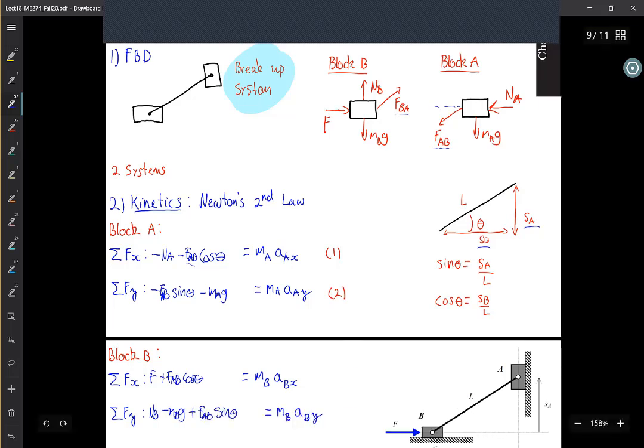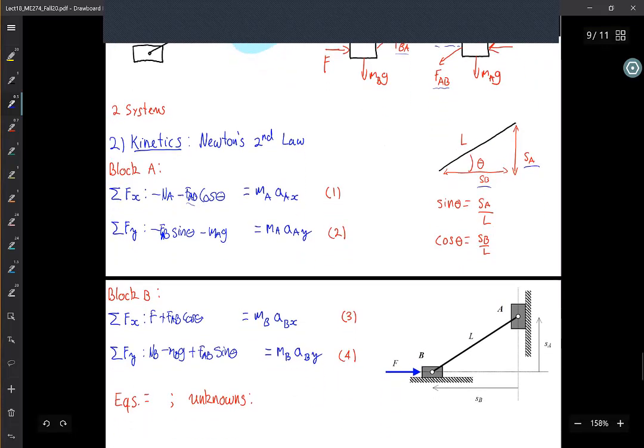All right, so I have 4 equations, and then I need to count unknowns. 1, 2, 3, 4, 5, 6, or maybe I didn't count correctly. 1, 2, 3, 4, 5.